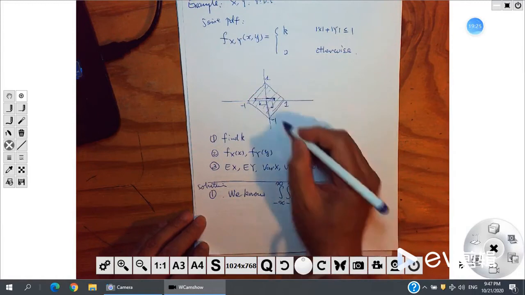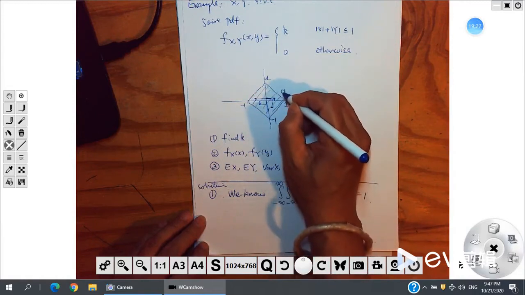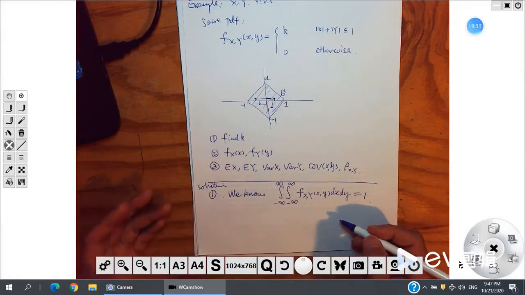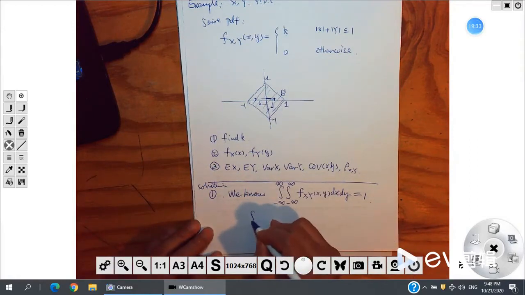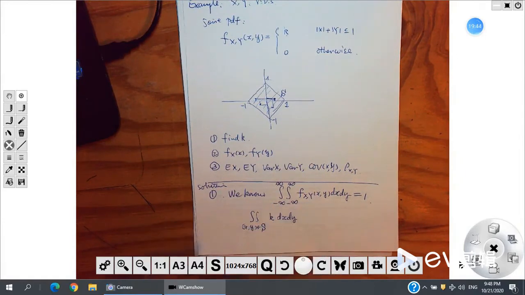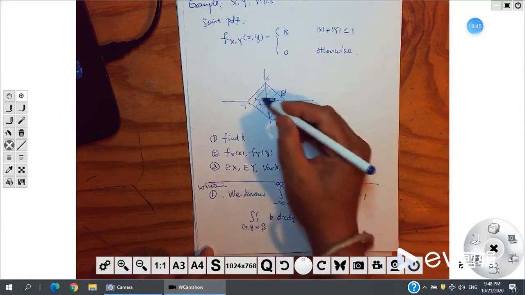I just use S to represent this area, kind of a sample space. So the integral over x and y in S of k dx dy gives the volume under this area.